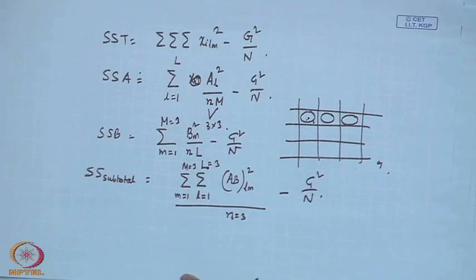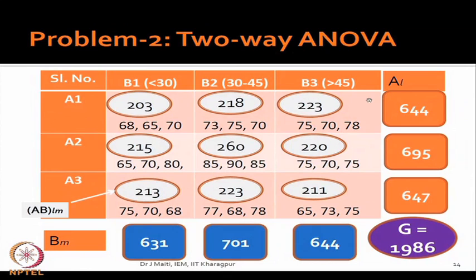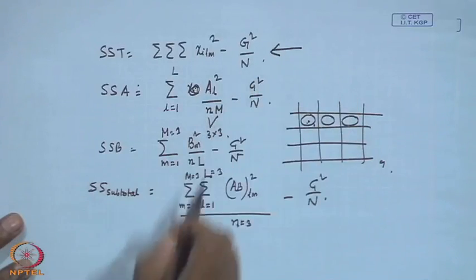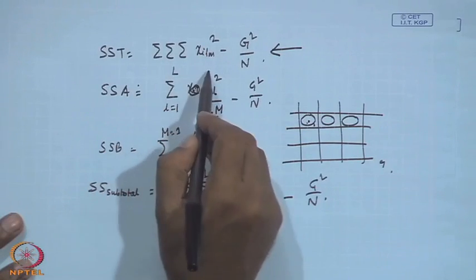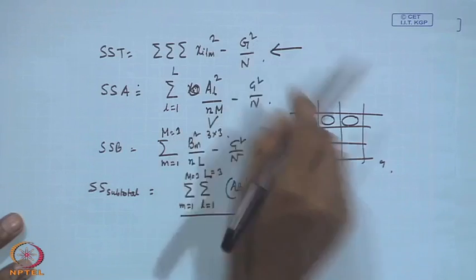You want to see this, I am showing this one. We will explain with respect to this. SST: take all values, 68, 65, 70, square them and add, minus G square by capital N. This is the formula.